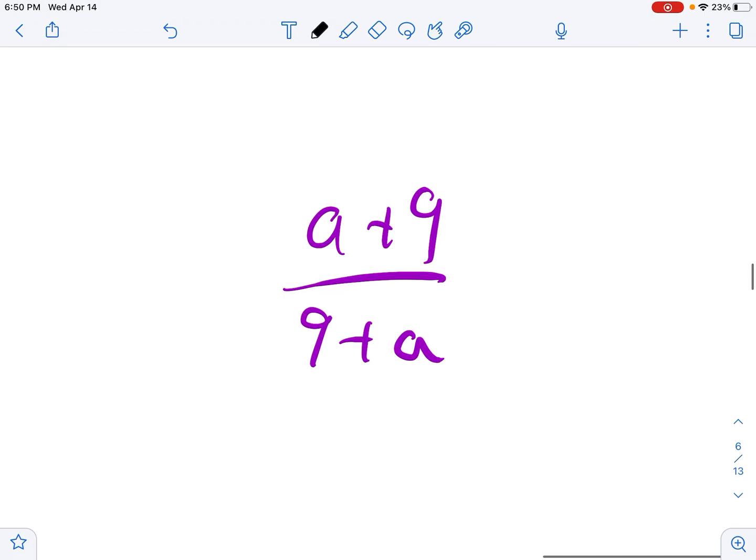All right, and then we have a plus 9 over 9 plus a. There's no exponents here. I'm tempted to cancel, but I'm going to stop myself because I know this is addition.